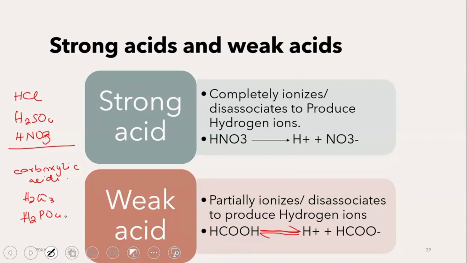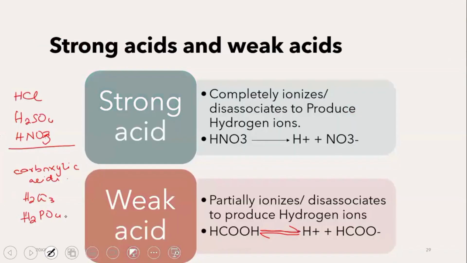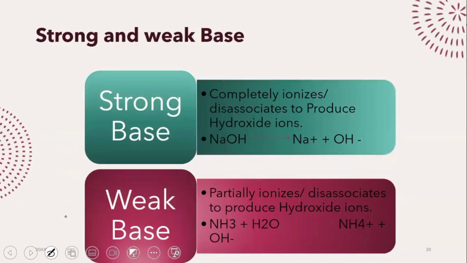Now, when we talk about our base, exactly the same concept. The acid was breaking down to give you hydrogen ions. An alkali, when it breaks down, is going to give you hydroxide ions. So any alkali that is going to break down completely to give you hydroxide ions, like it'll say, just take as many hydroxide ions as I have, that's a strong base.